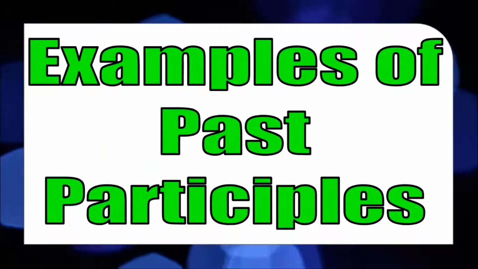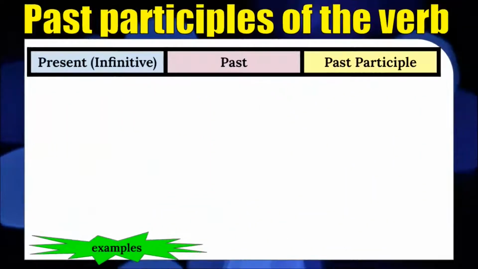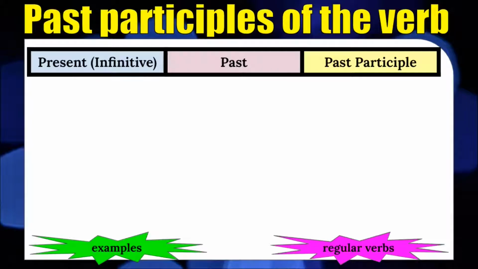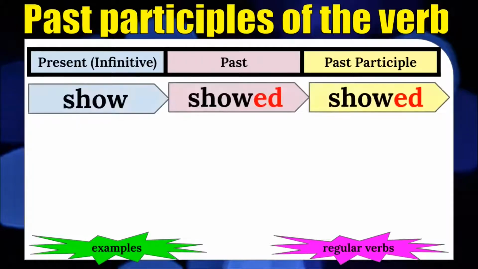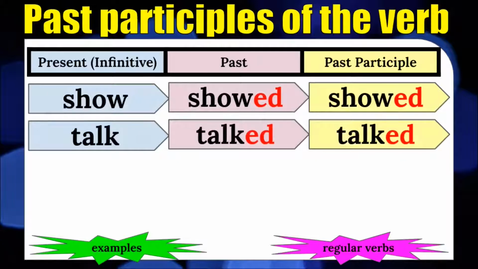Let's revise some examples of verbs in the past participle. In this table, you will see the three forms of the verb in the present, past, and past participle. Here are some examples of regular verbs. Show, showed, showed. Talked, talked, talked.